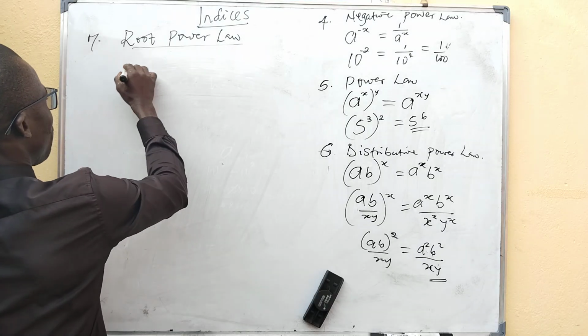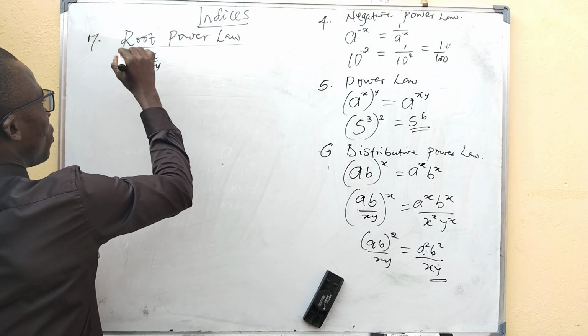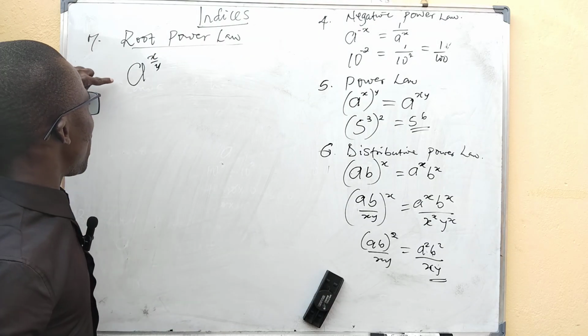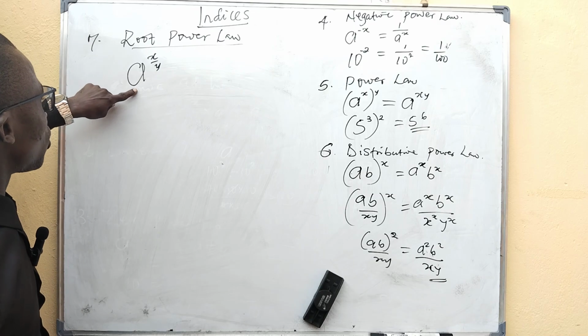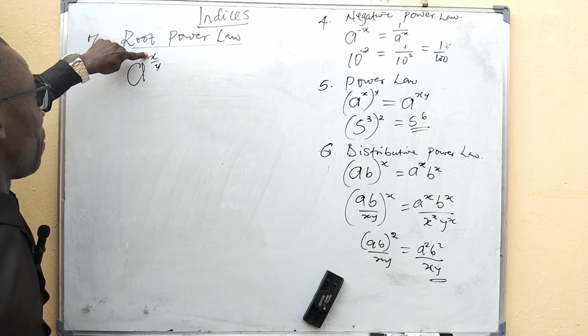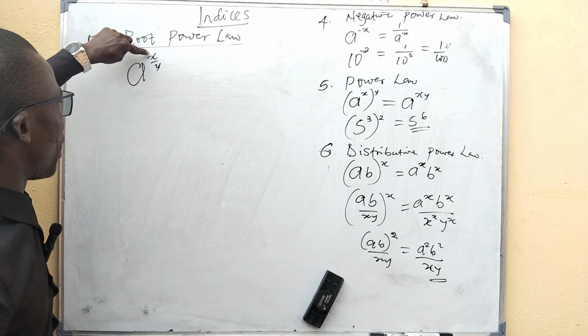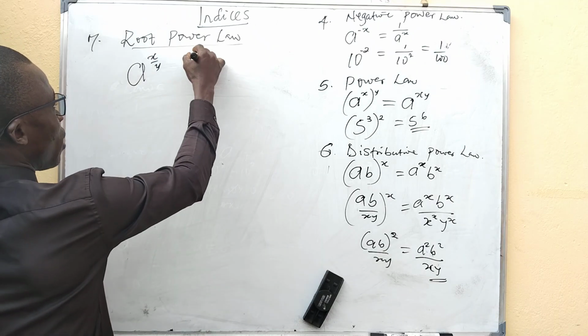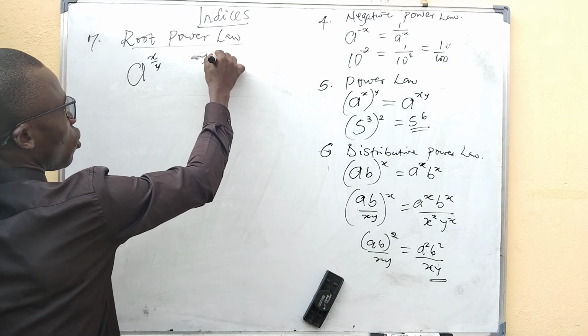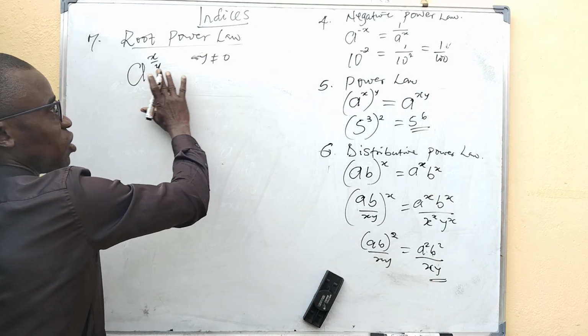So supposing I have a raised to power x over y. If any real number is raised to a power in the form of x over y, there are conditions. Number 1 condition is that y must not be equal to 0.